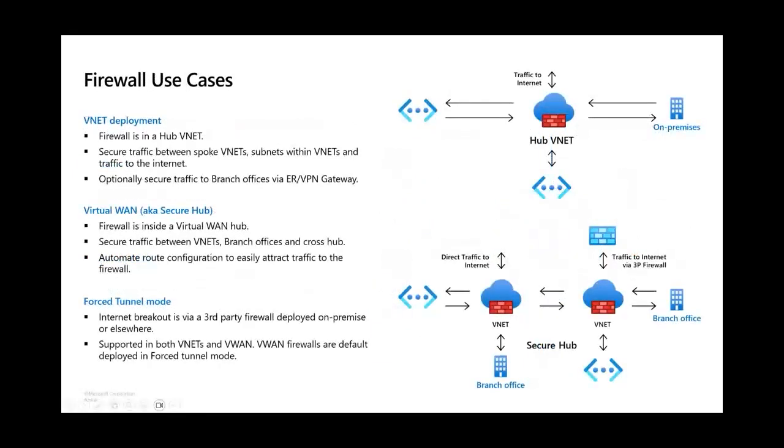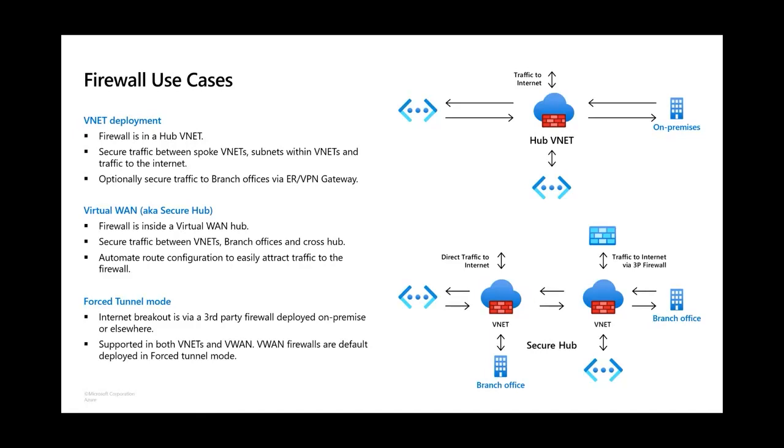All right, so when we talk about Azure Firewall, we think about 3 different ways we can implement this service in our environment. We can deploy it directly in a virtual network using the traditional hub and spoke method. In this instance, the Azure Firewall lives within a centralized virtual network where all the networks with workloads peer directly with the hub virtual network.